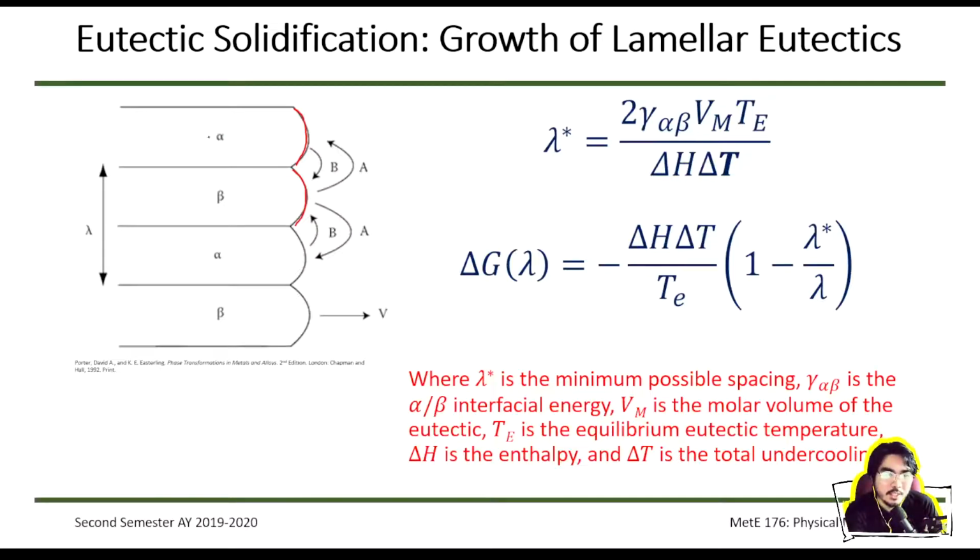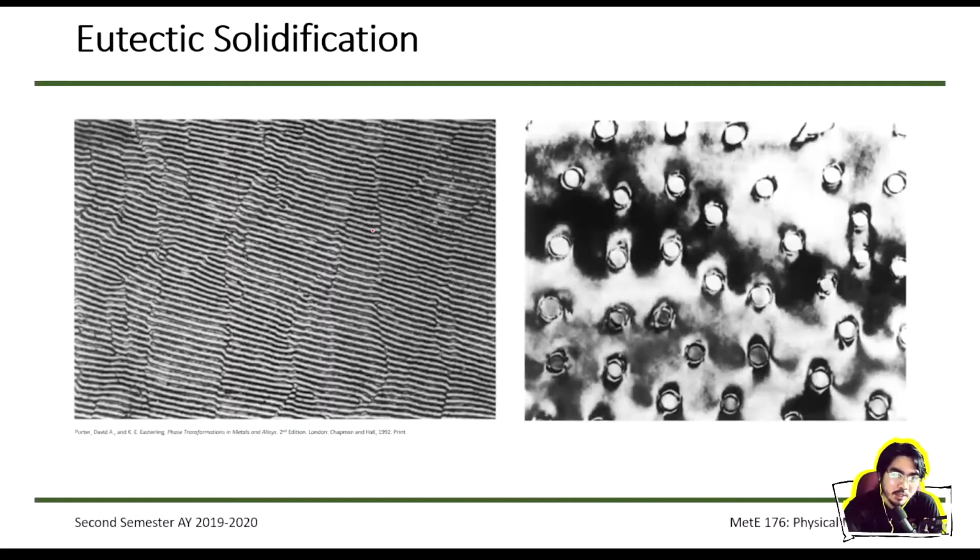Similarly, the alpha phase rejects B solute, and this B solute will be absorbed into the beta phase. So they grow together, producing a lamellar structure. And if we have multiple such rod-like structures, then we produce the lamellar structures that we see like this.